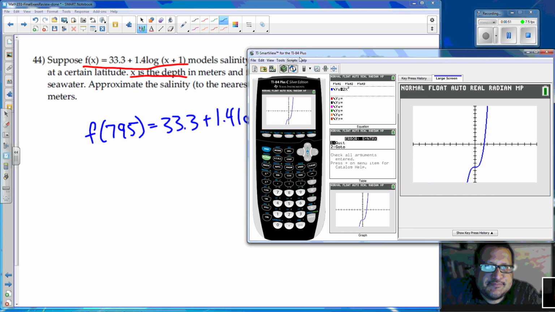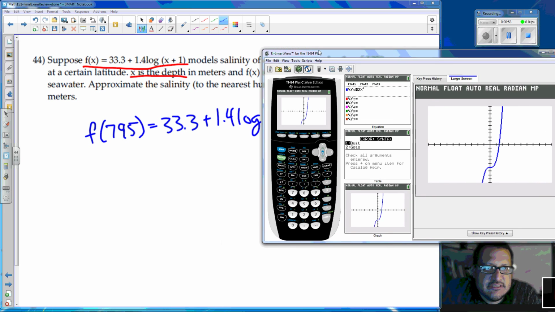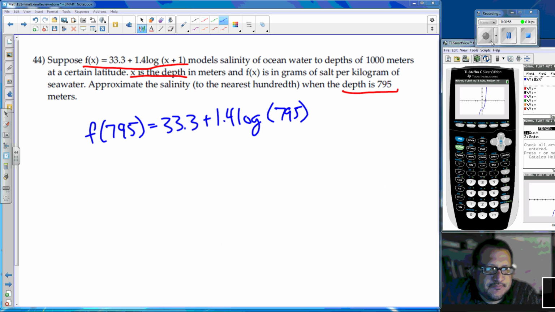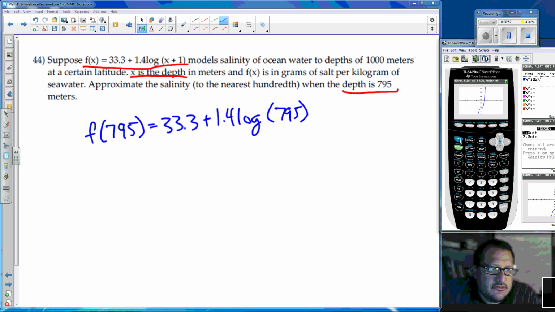Now, this is where a calculator is needed once again. So quit, get out of there, and it's 33.3 plus the log of 795 plus 1.